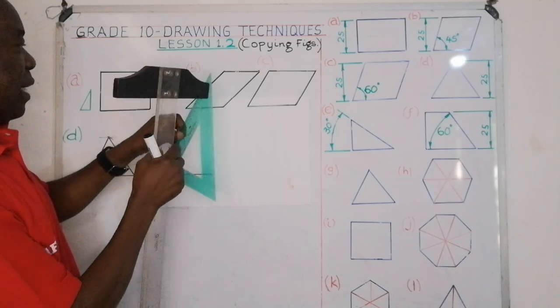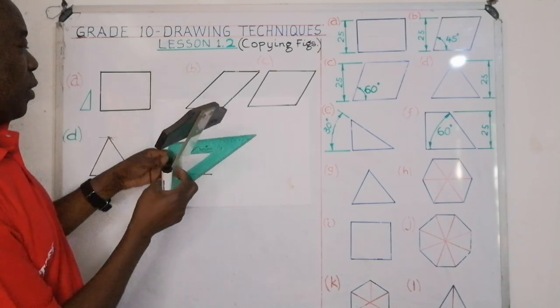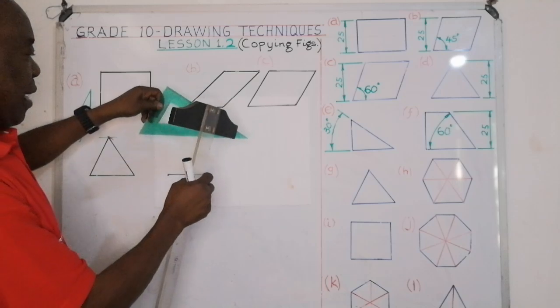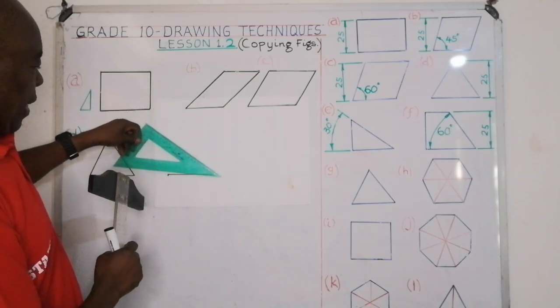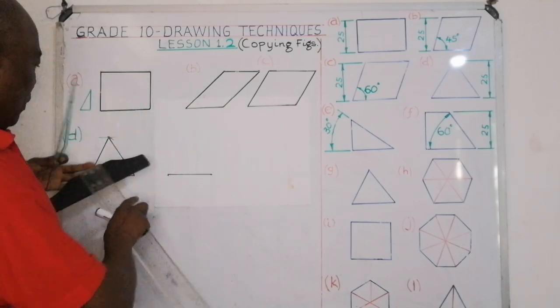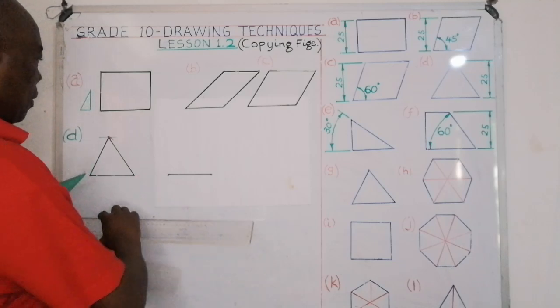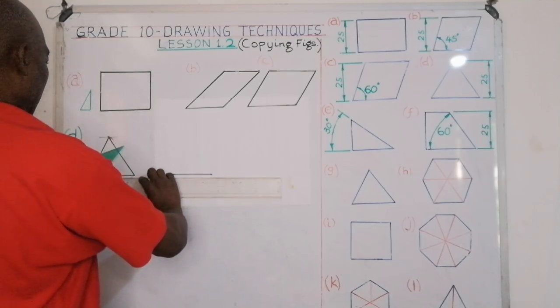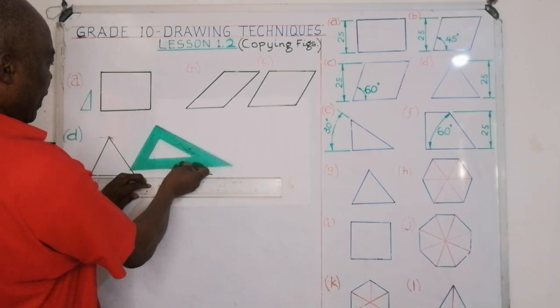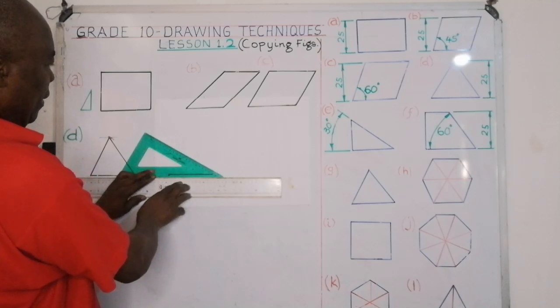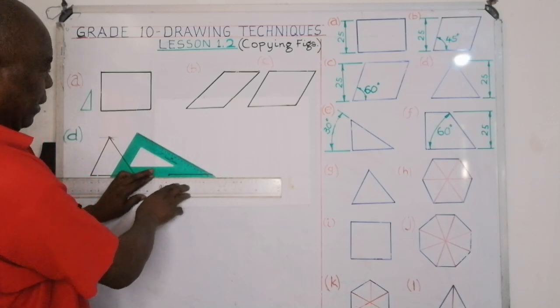So I'll use this angle here, 30 degrees. So this angle must be by the base, like that. So I'm going to construct that at 30 degrees, like that.